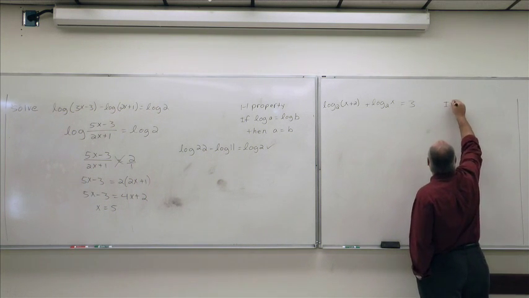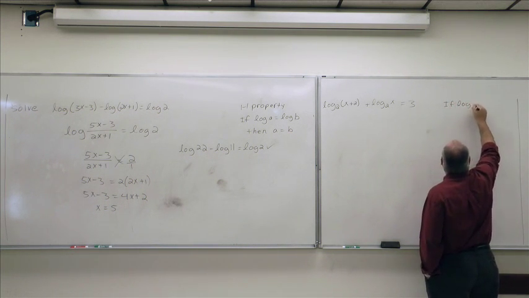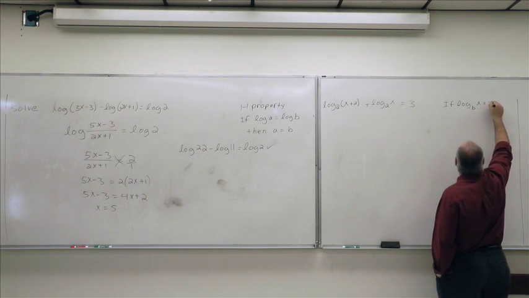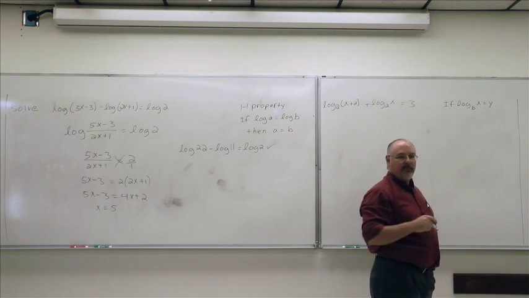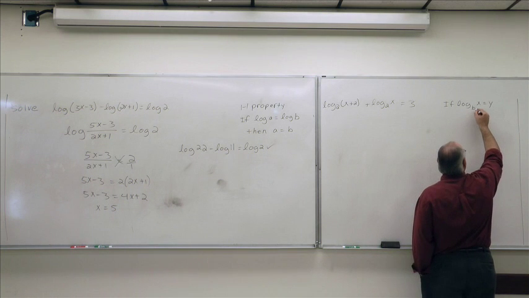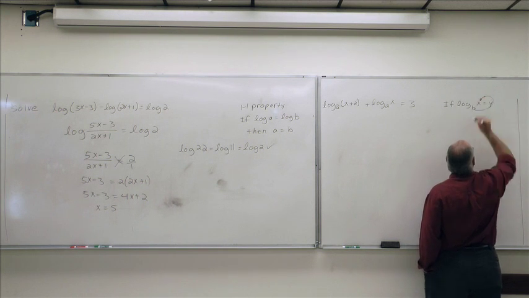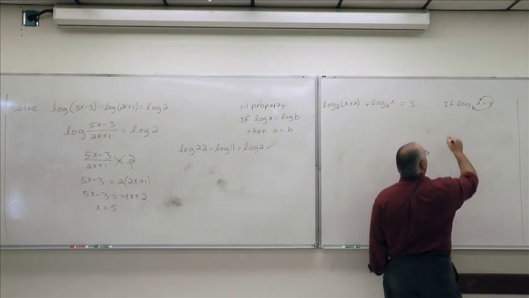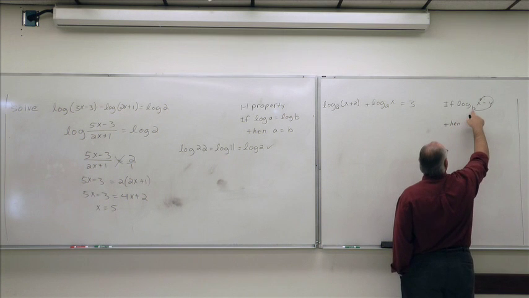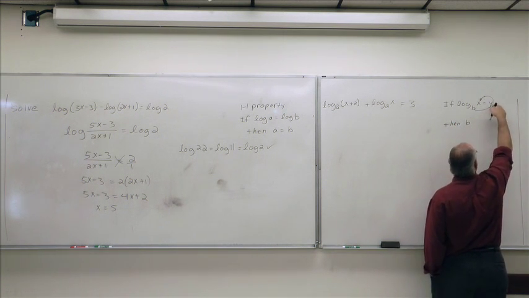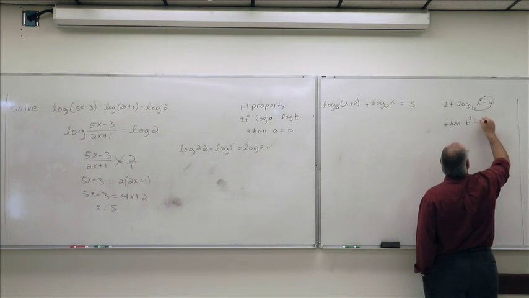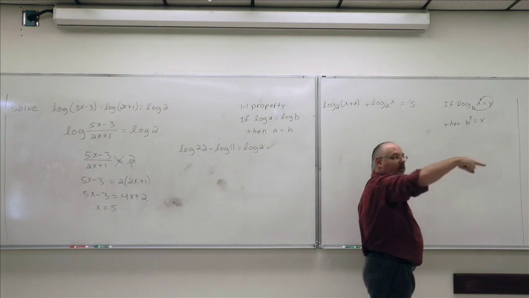All right, so if the log base b of x equals y, what I do is I start at the base and I draw a little loop, then b to the y equals x. You just follow it around.